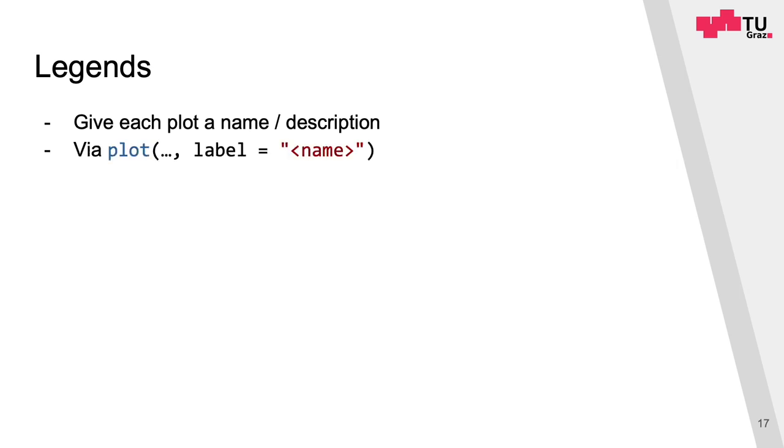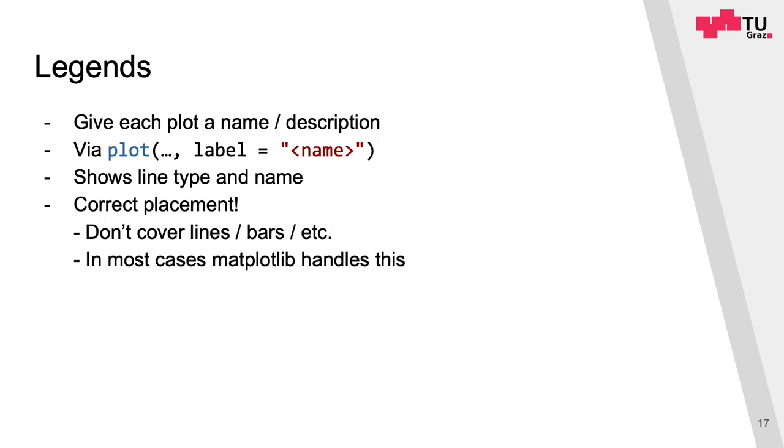And again, you can set a label for the plot inside the plot method using the label keyword argument, and then you can pass a label or a description as a string, and this shows line type and name, and the correct placement is important, so you shouldn't cover any lines or bars, etc. And in most cases, Matplotlib handles this automatically for you.